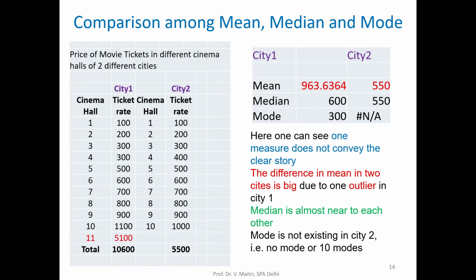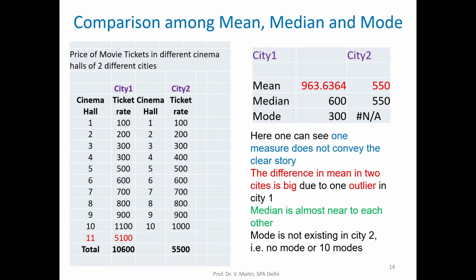Now just compare mean, median and mode. That will clear the picture. Consider the price of movie tickets in different cinema halls of two different cities. In city 1 there are 11 cinema halls, and in city 2 there are only 10 cinema halls.